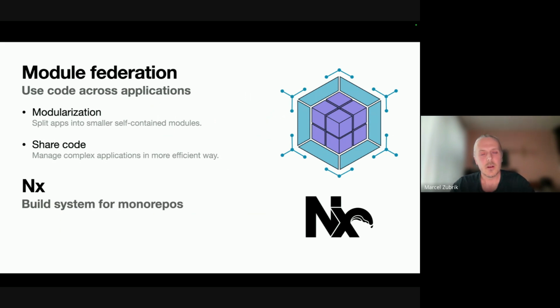And Nx, a tool that probably many of you know for monorepos, used with module federation makes it easier to manage dependencies and bring some rules into that, because setting it up without it, you can easily get lost.